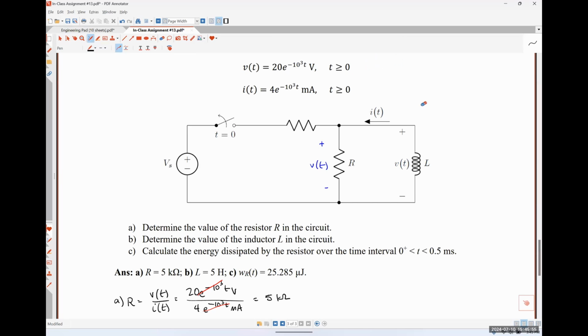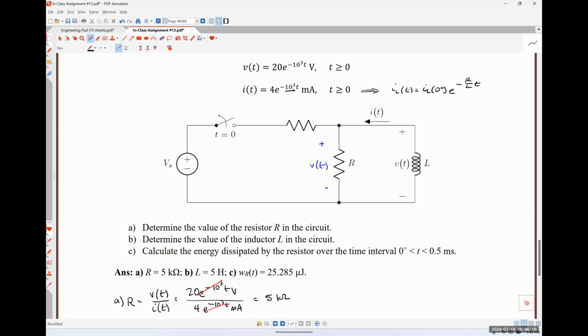Actually, let's think about this one down here. So this is the current that's flowing through an inductor. So we know that it's of the form I_L(0+) e^(-(R/L)t).